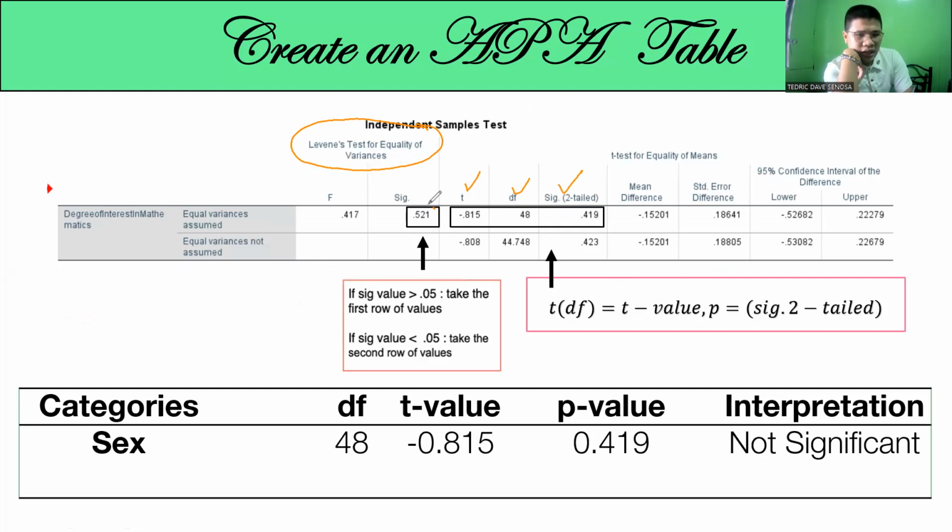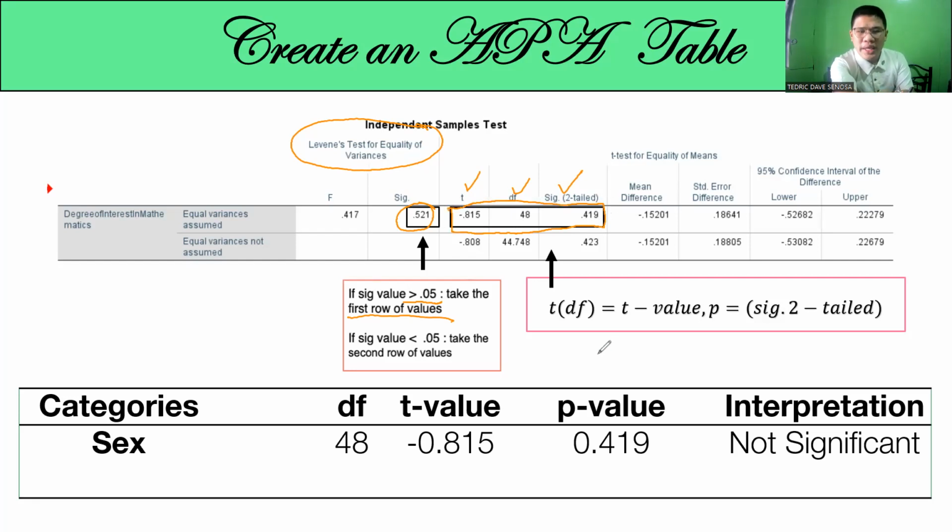As you can see here, 0.521 means the significance value is greater than 0.05, so you take the first row. But if it is less than 0.05, you take the second row. Since it is greater, you get the first row.